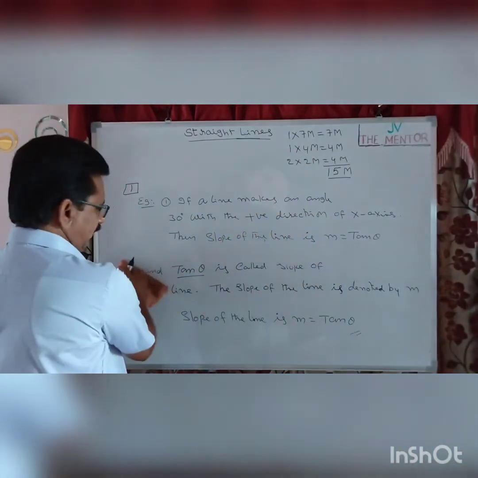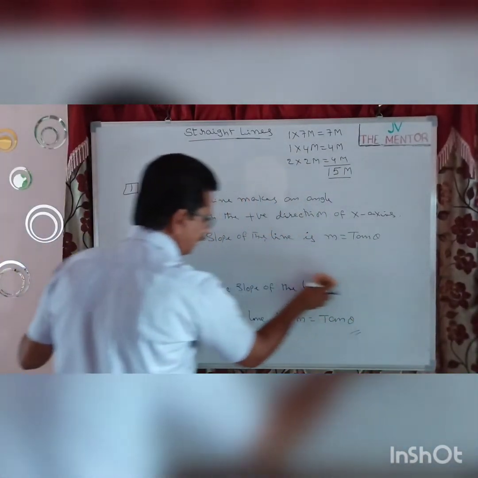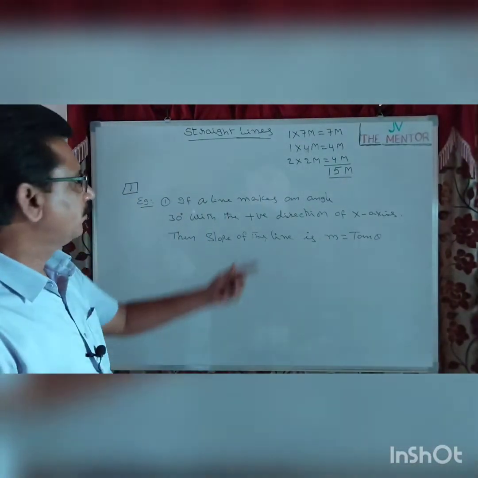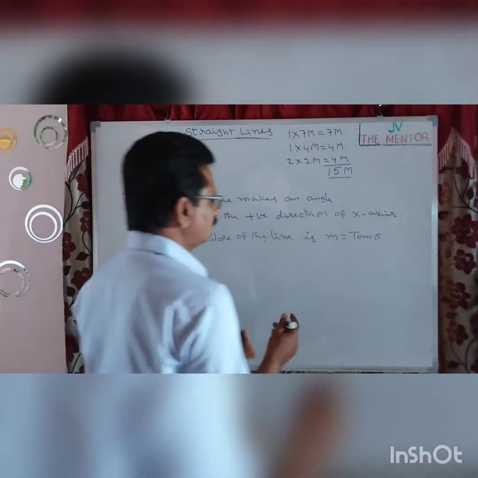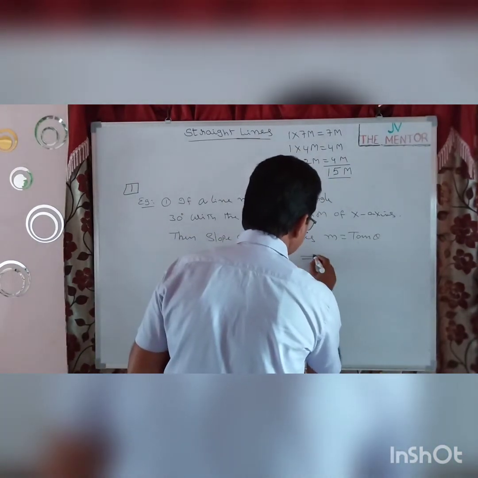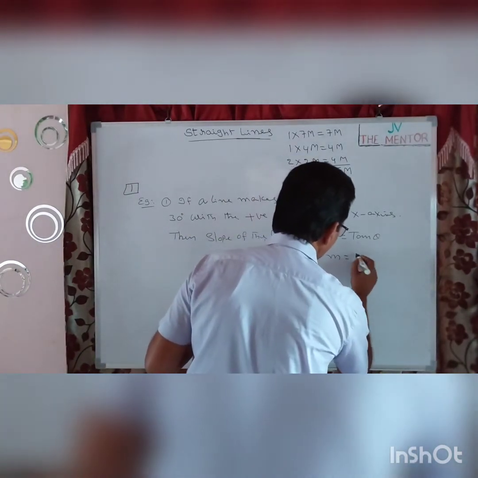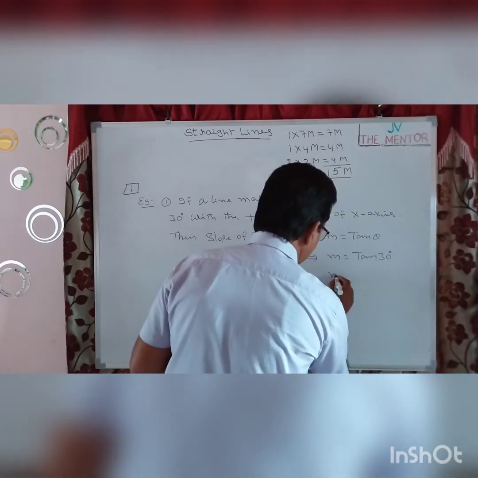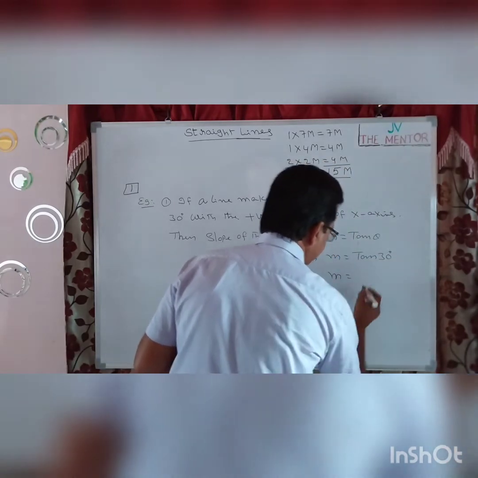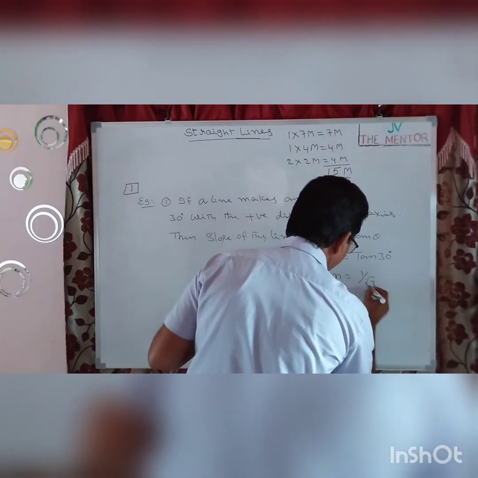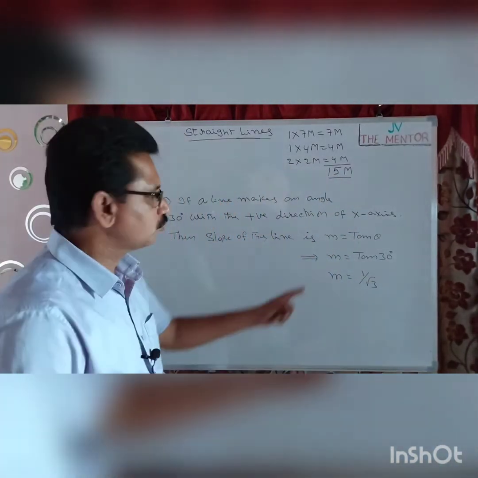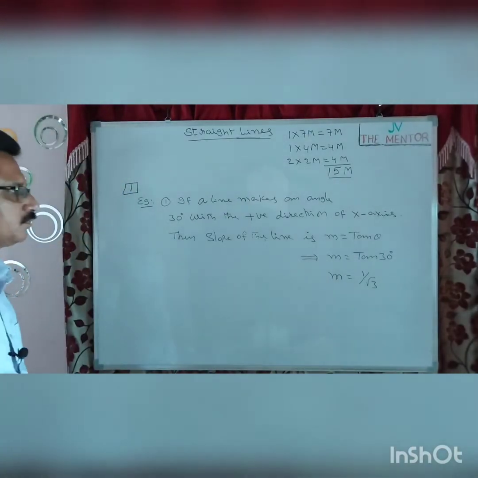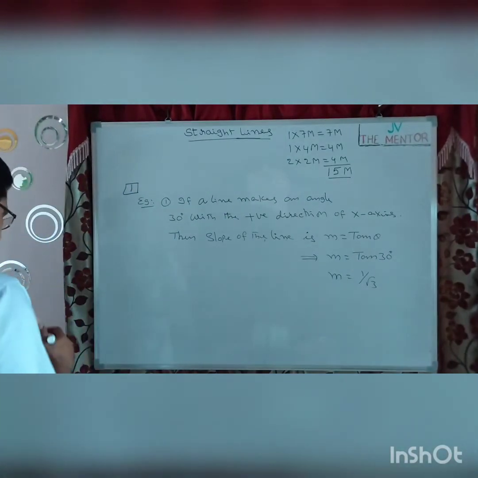That is the slope of the line. The slope formula is tan theta. So m equal to tan theta, where theta is 30 degrees. So this implies m equal to tan 30 degrees. What is the value of tan 30? Tan 30 is 1 by root 3. So the slope of the line is 1 by root 3. Write down.